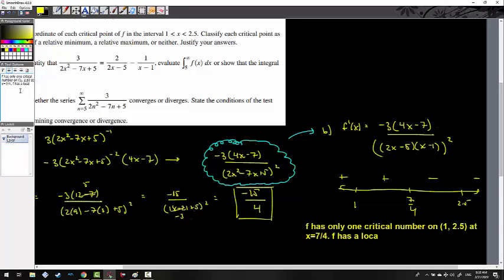F has a local max at x equals 7/4 because f prime goes from plus to minus. And I think that will wrap up part B.